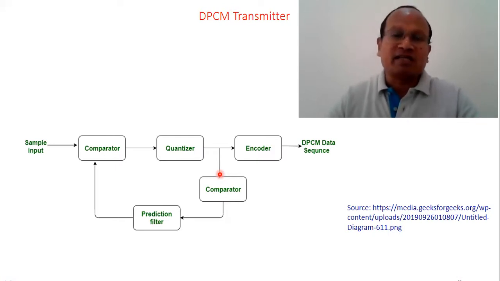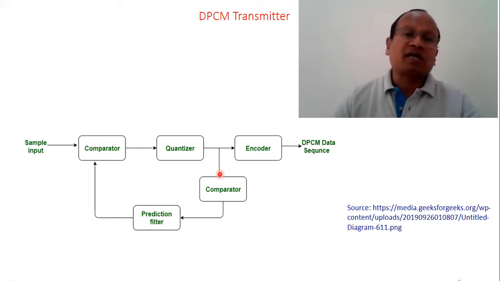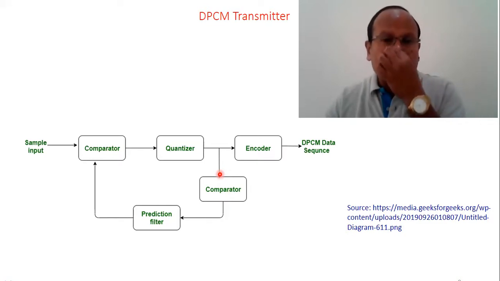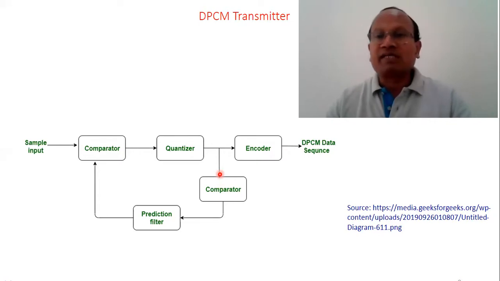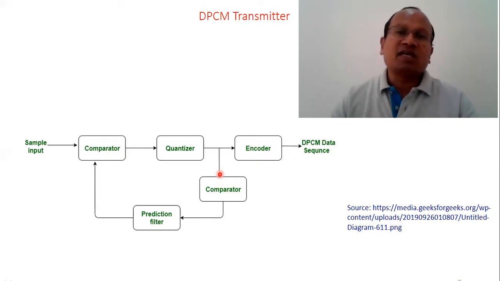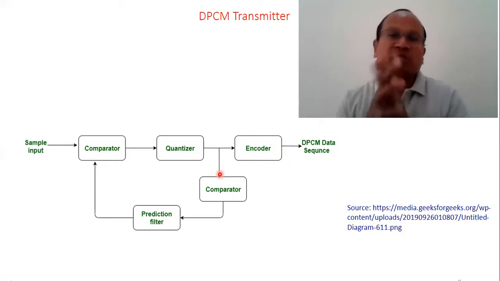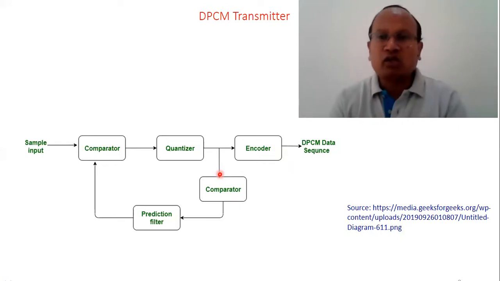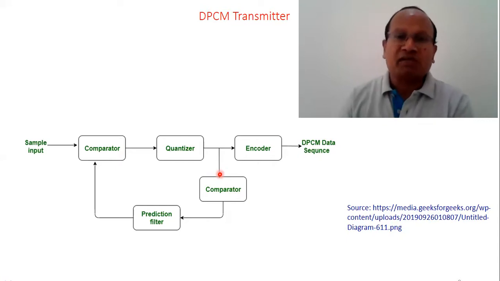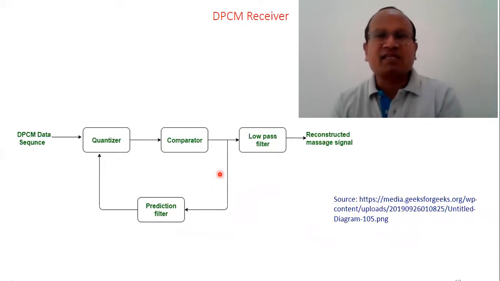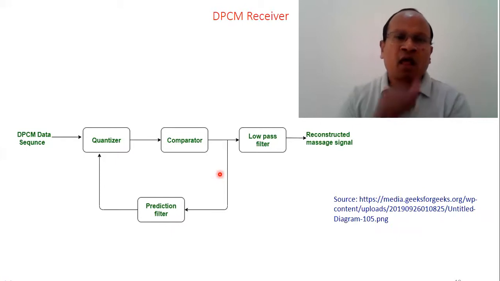So in the DPCM transmitter, the important blocks are the comparator, quantizer, encoder, and prediction filter. The prediction filter generates the approximated signal that corresponds to the error between the two adjacent samples. And this is the DPCM receiver.